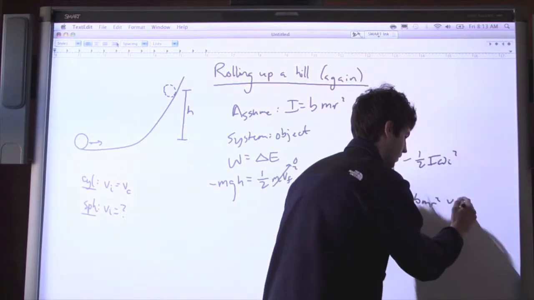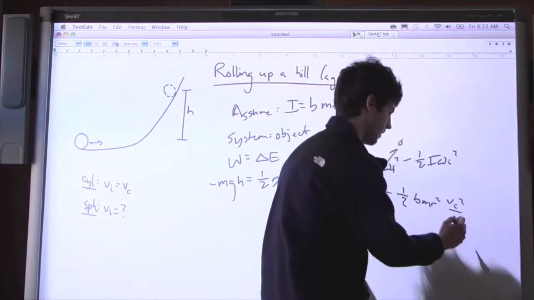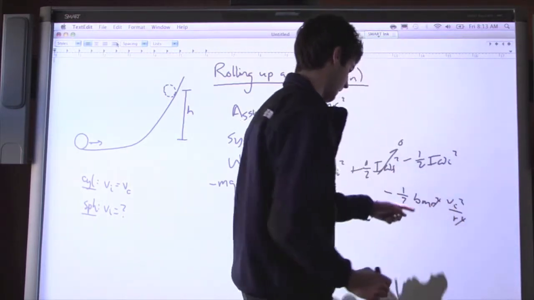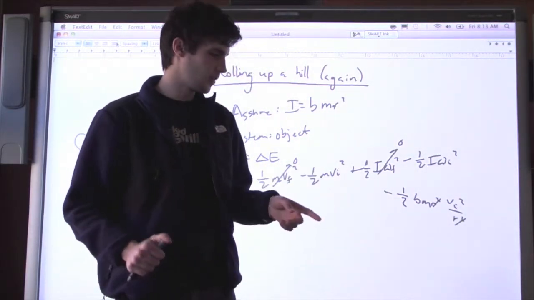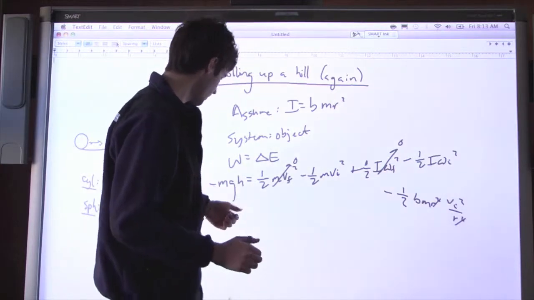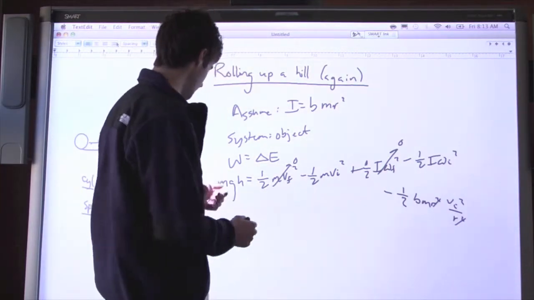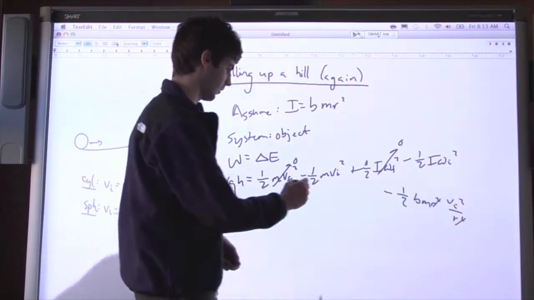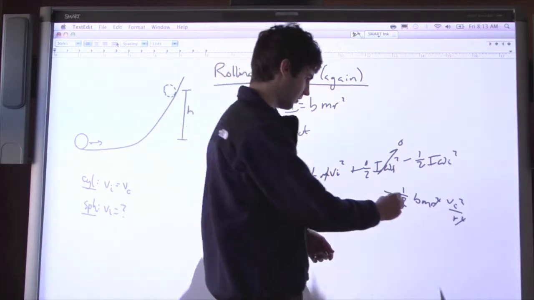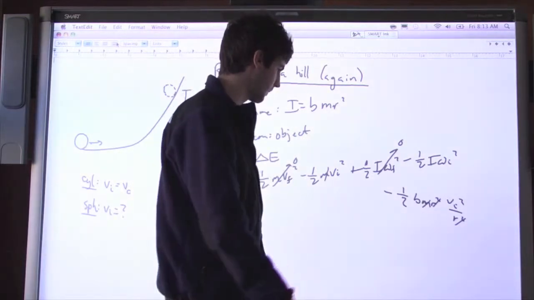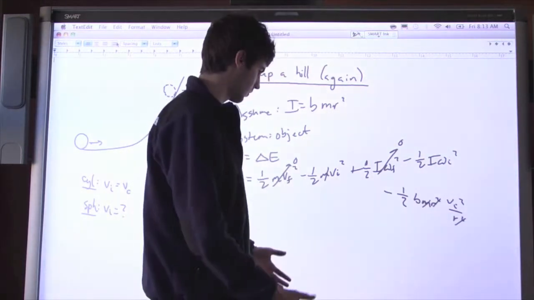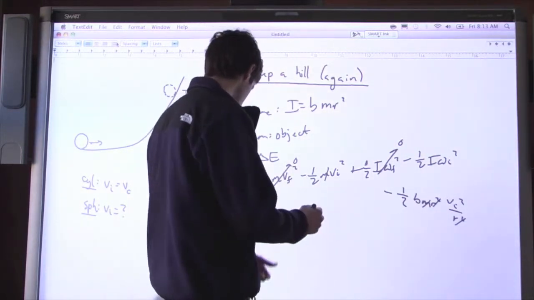So once I do that, I can cancel out these r's, and this term goes to minus 1/2 b v initial squared. So I also notice really nicely these masses cancel. So I could have given you some masses at the beginning, and it wouldn't have mattered because they're all going to cancel anyway. And so do the radii. So those actually don't matter either, which is pretty neat.